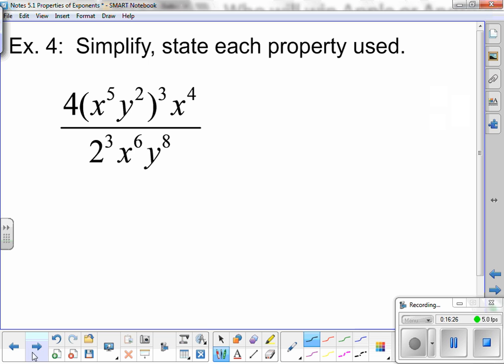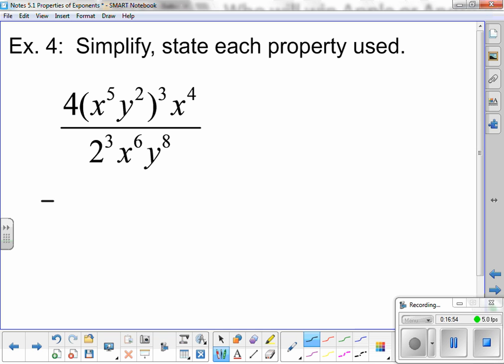All right, example 4. So let's do this one out. For this one, there's a couple of places that you could start. My suggestion would be work with the parentheses first, but if you look at this closely, you could actually do the 4 and the 6 down here first. Subtract those if you wanted to. But like I said, I'm going to go ahead and use the power of products here and get this 3 multiplied in here so I can take these parentheses off.